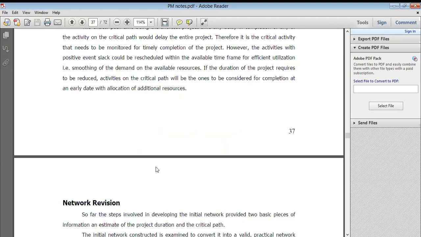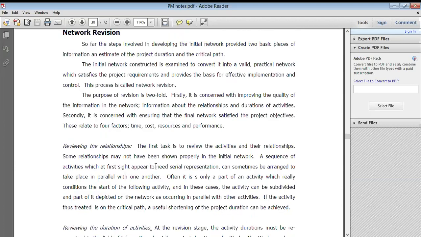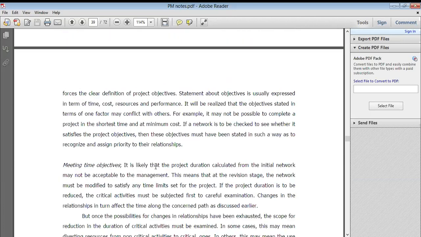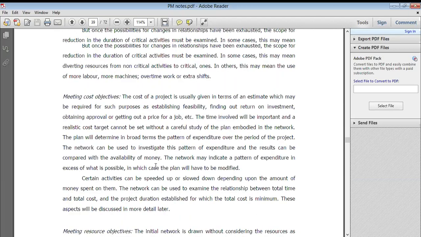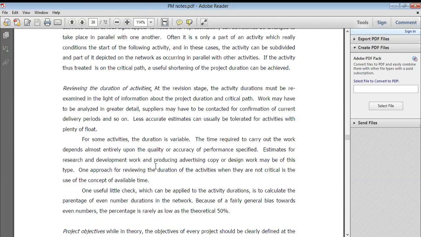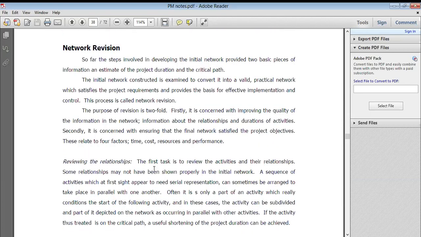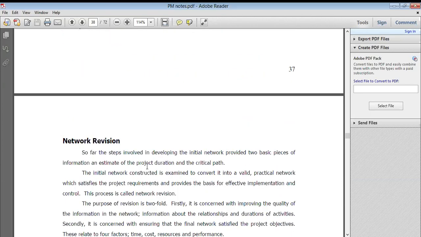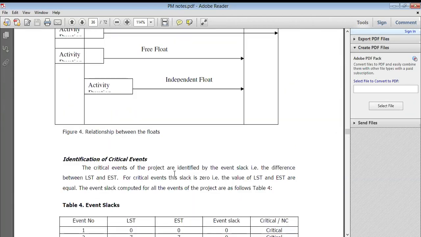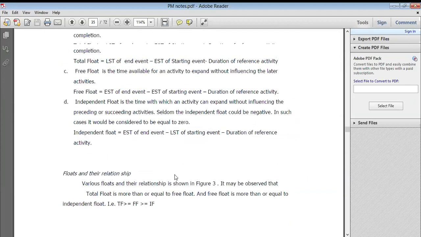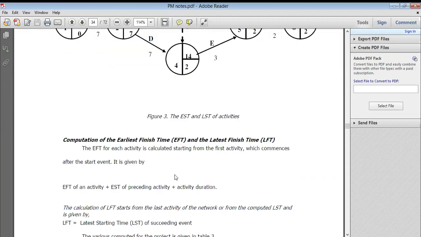So today we'll start network revision: what it is and how it starts. We create the network here on that basis. You give the chart, since you already submitted your reports on time.